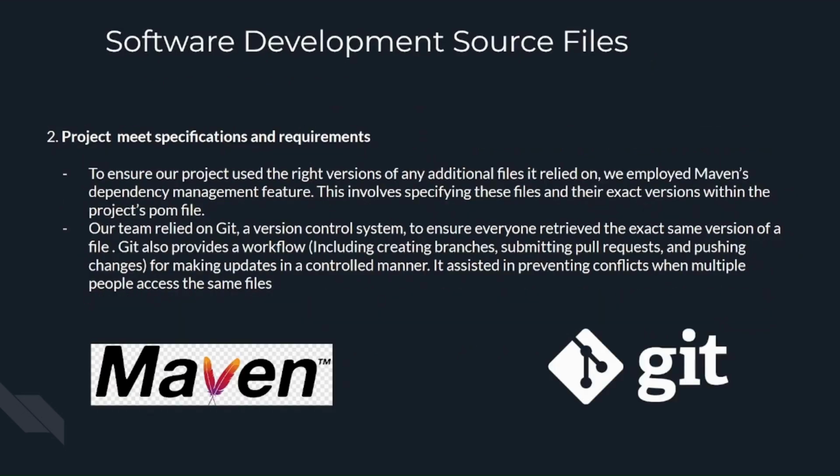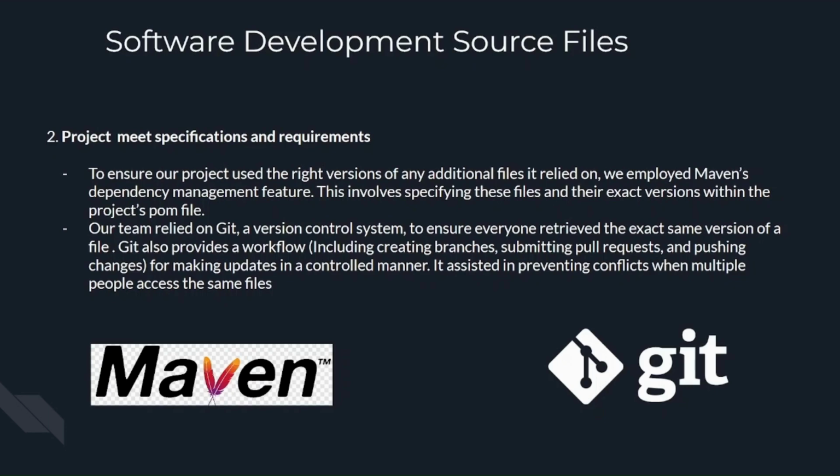To ensure our projects use the right version of any additional files it relied on, we employed Maven's dependency management feature. This involves specifying these files and their exact versions within the project's POM file. The POM file is created when building a Maven project.